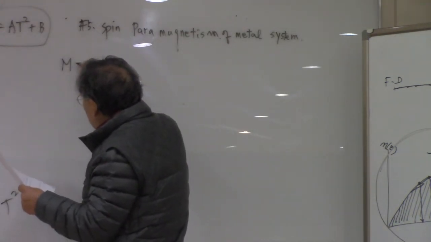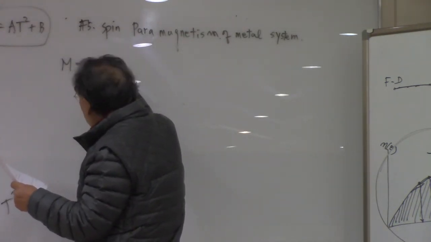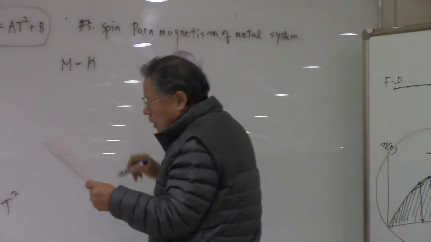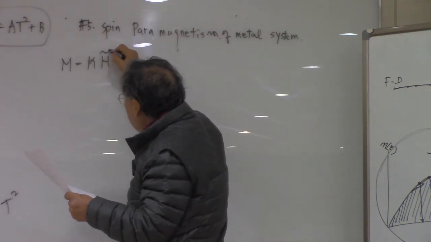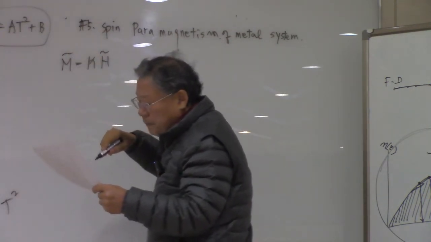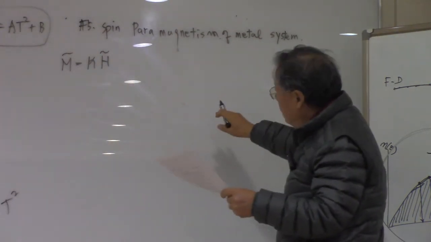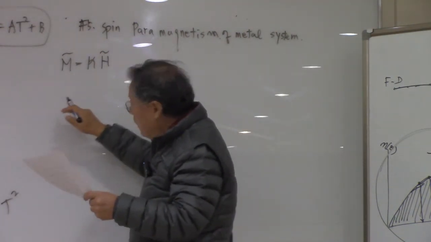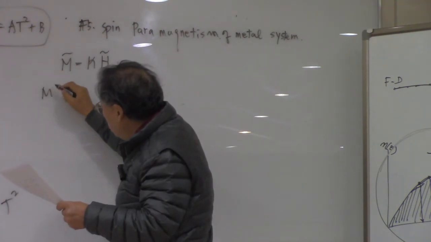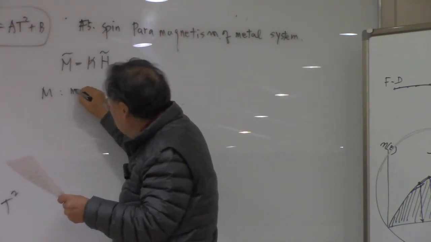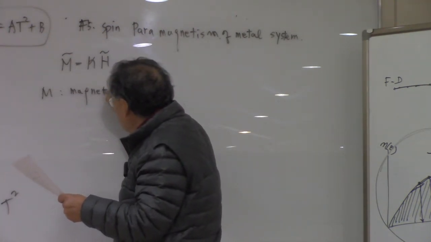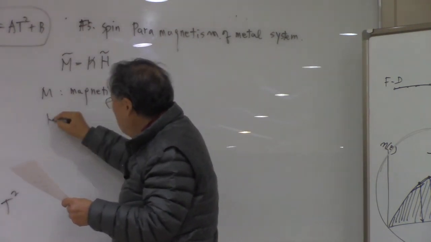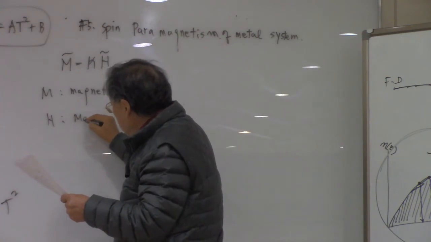You know the magnetization M equals the magnetic susceptibility times the magnetic field. You know this equation, where M is the magnetic moment and H is the magnetic field.